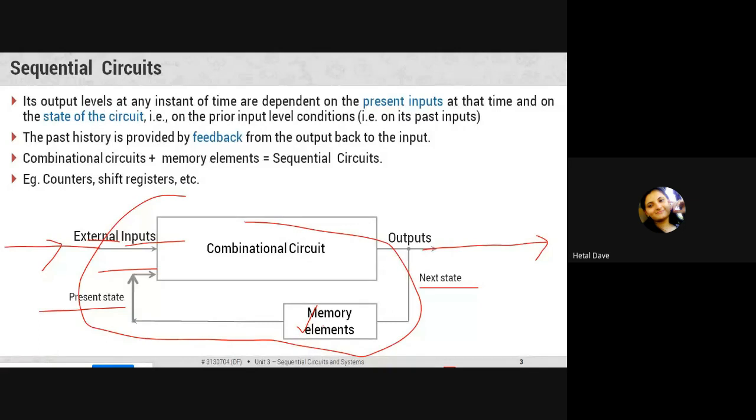We will see later on. First of all, is there any doubt in this terminology? In a truth table, suppose you are told to write input, present state, next state. They are all different.